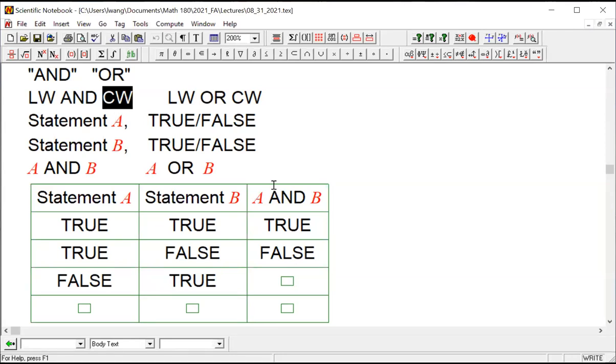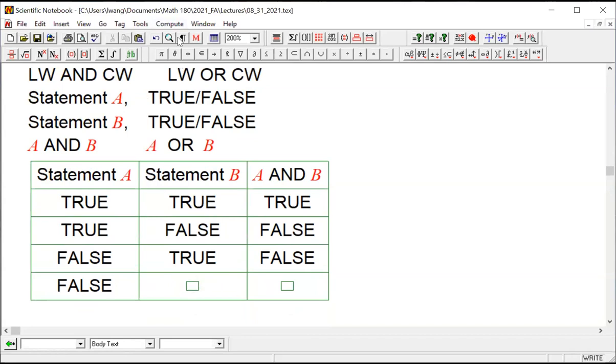It's not going to make it either, right? So in this case, it is false as well. Last case. False and false. False and false is what? False.